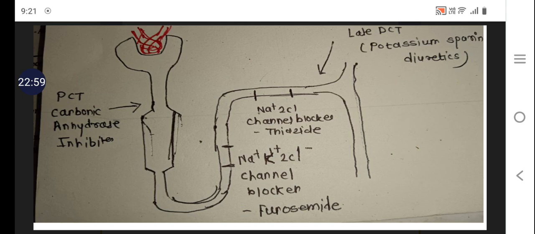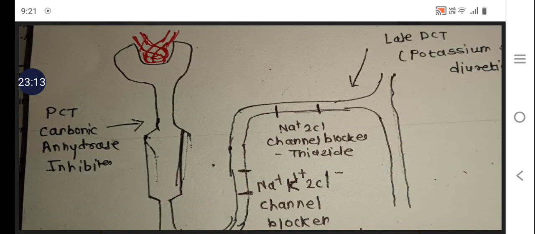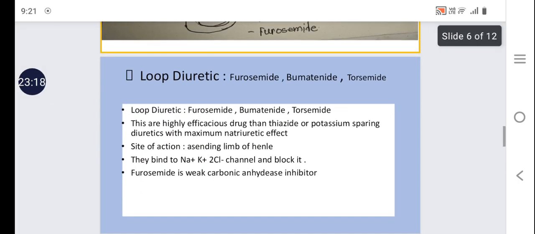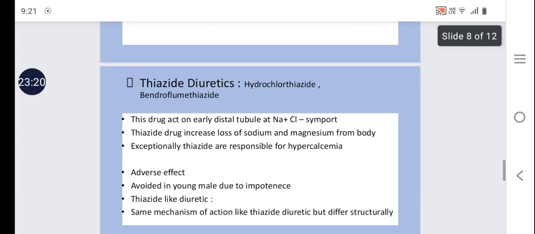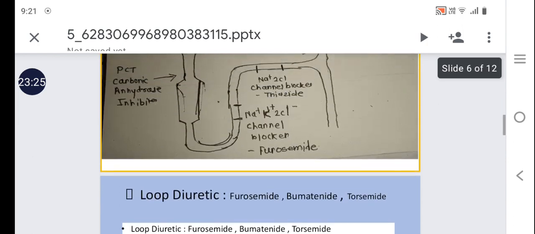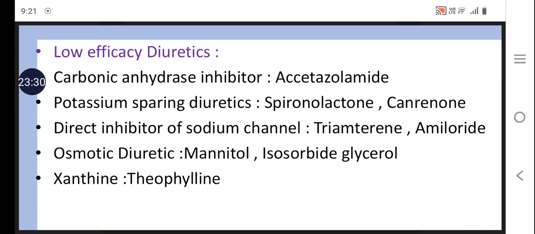Carbonic anhydrase is responsible for production of H plus ion, and that H plus ion is exchanged with sodium ion, and this process is inhibited by carbonic anhydrase inhibitors like acetazolamide. And drugs like mannitol create osmotic pressure, and by creating osmotic pressure they increase the fluid volume of the urine.